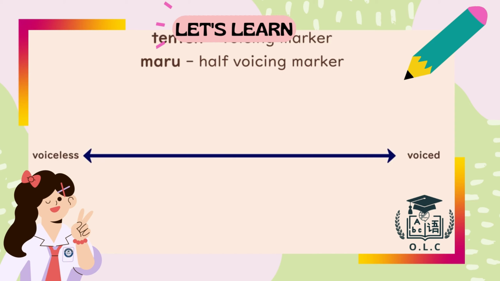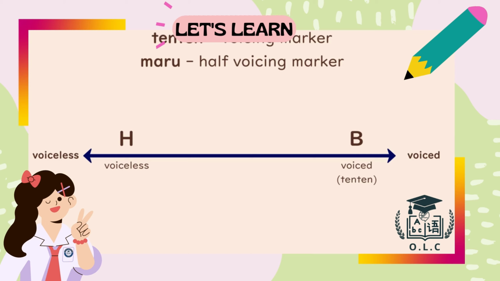As mentioned in the previous lesson, H is the most voiceless consonant sound, as the sound is produced with the vocal cords wide open, and we make the H sound by passing a lot of air through the mouth. And when we put tenten on characters in H row, the characters are read with voiced B sound, so we go from extreme voiceless to voiced.